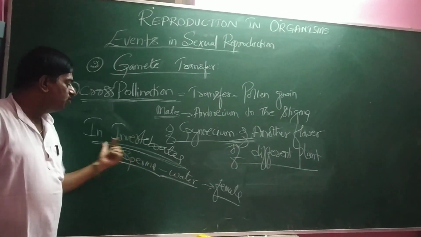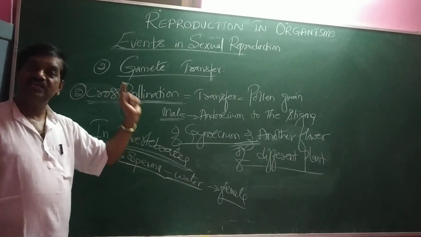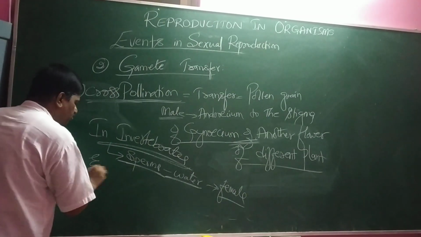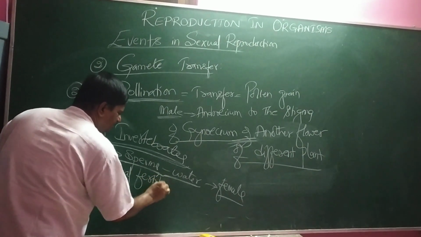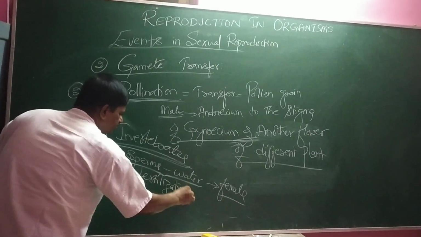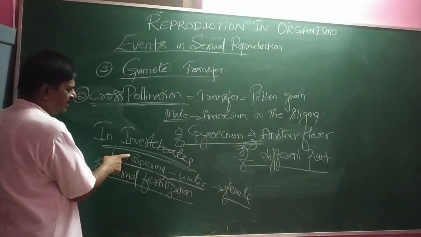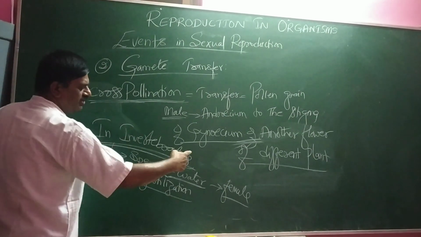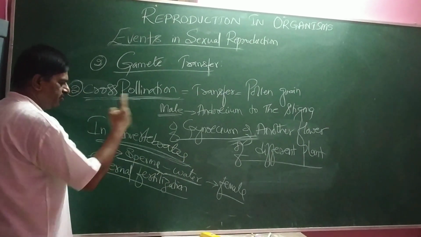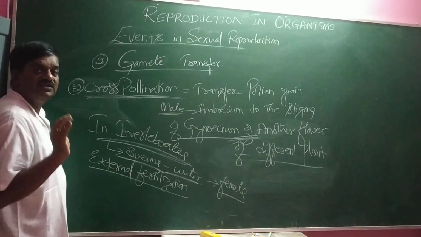Because the movement of gametes takes place in the water, it undergoes external fertilization. Here, the male animals release the sperms in the water. They move to the female and they are going to fuse. That is called external fertilization.